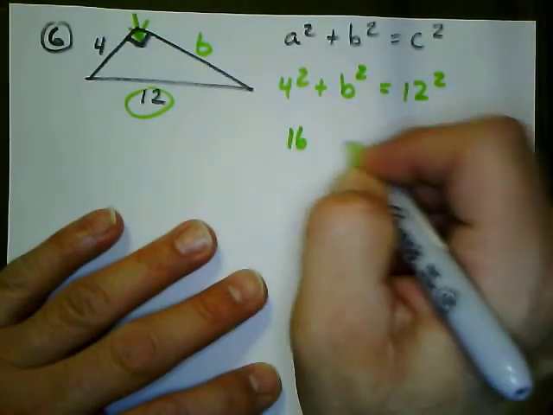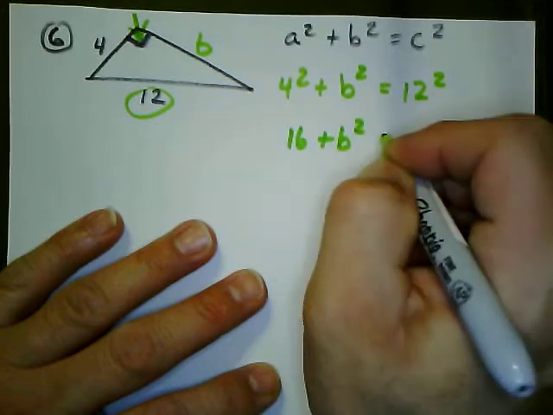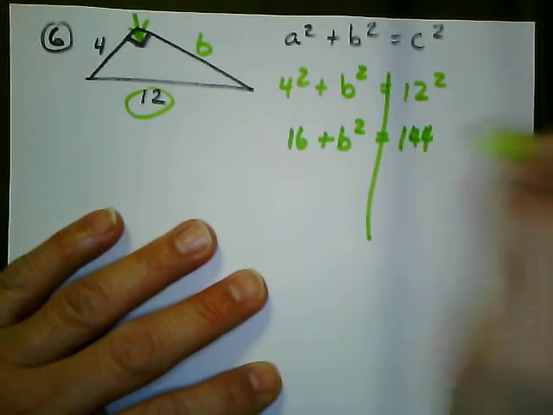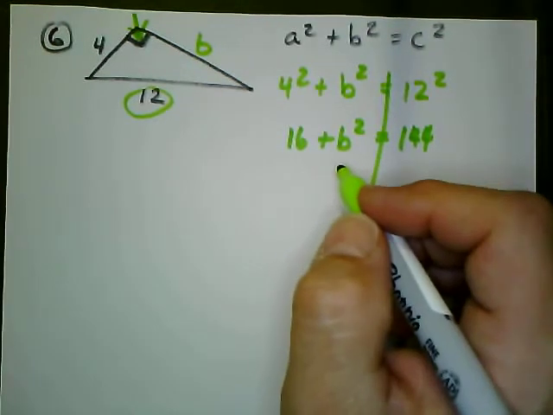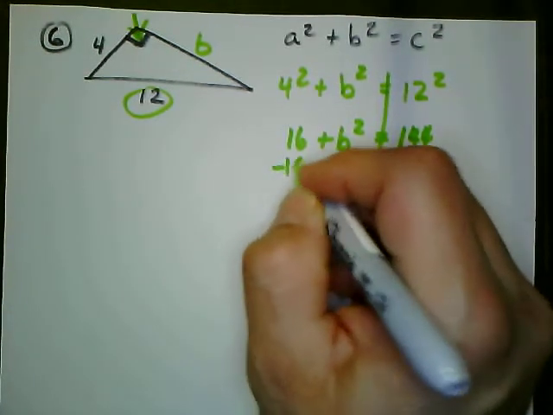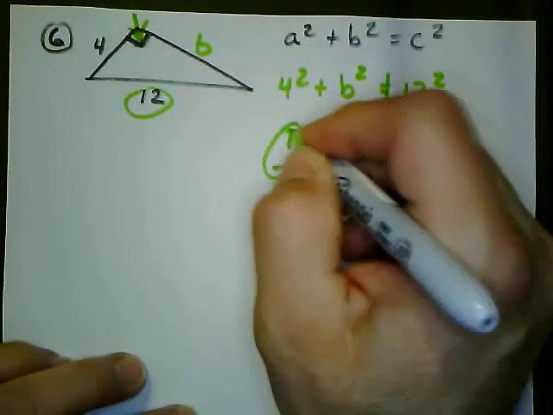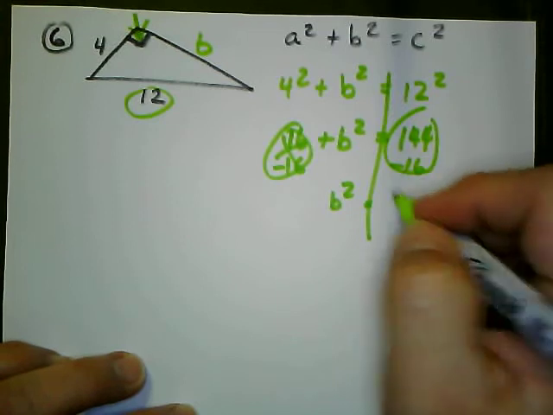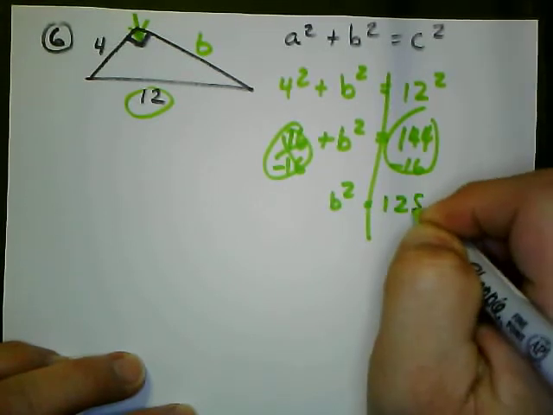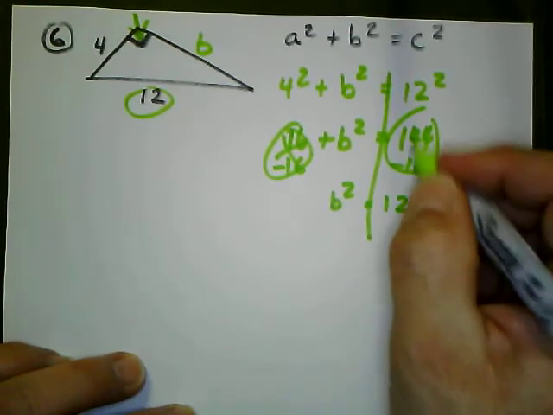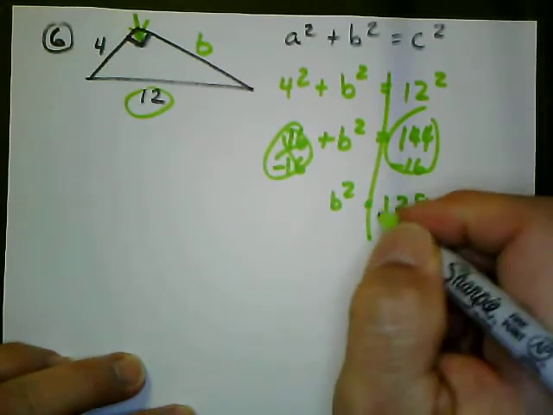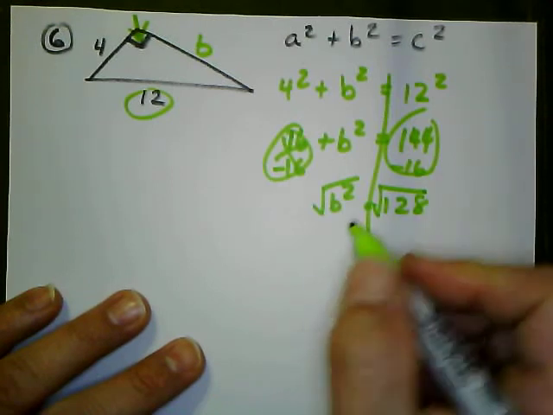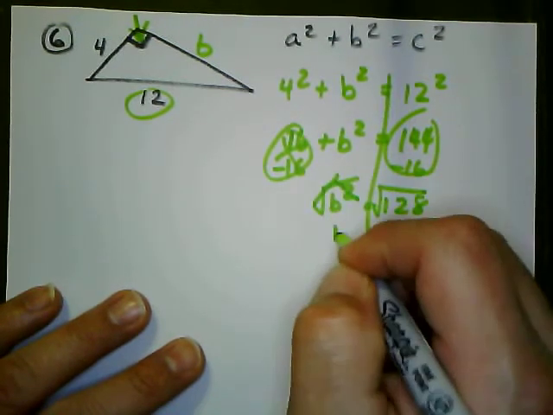4 squared is 16. We're going to get to the B squared in a little bit. 12 squared is 144. And we will subtract 16 from both sides of the equation. B squared equals 128. So we will go ahead and do the square root on both sides.